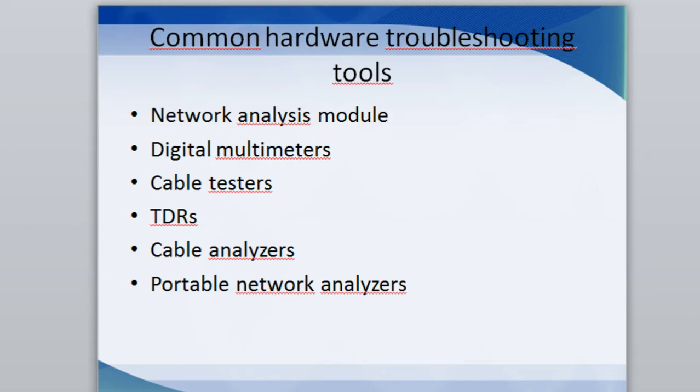Then we have cable analyzers. The cable analyzers are multifunctional handheld devices that can be set to test and certify copper cables and fiber cables for different services and standards.